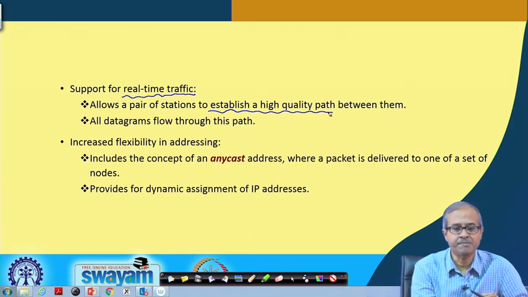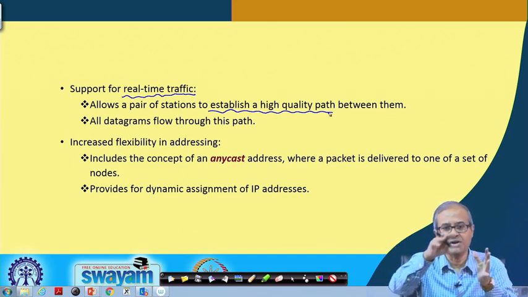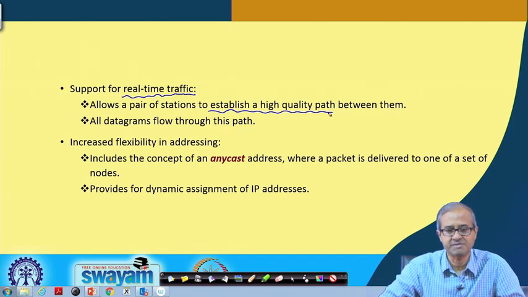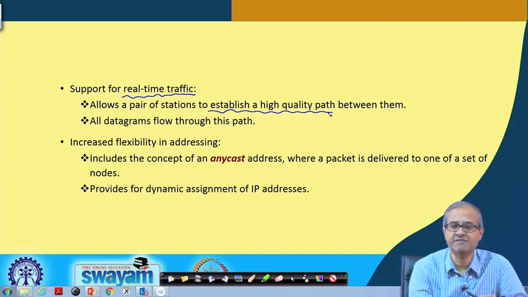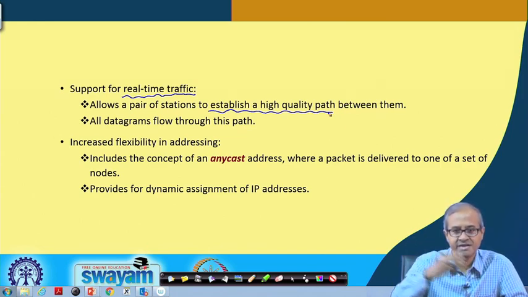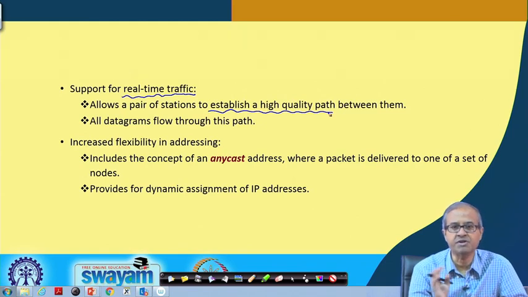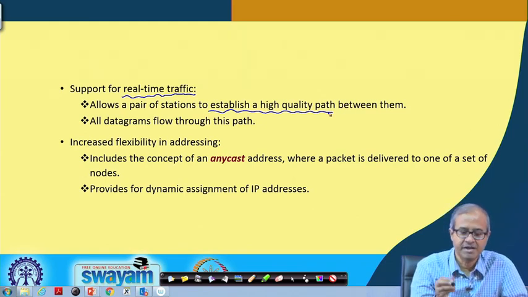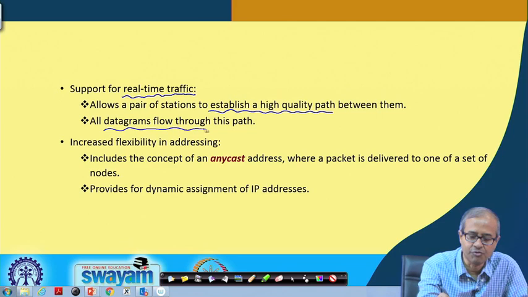Suppose I am viewing streaming video and I say that, well, I want a guaranteed bandwidth of 512 kilobits per second. So, they will agree along with the intermediate routers to provide you with a dedicated path, a path through which you will get a dedicated 512 kbps of bandwidth, so that you can receive the streaming media without any disruption, right. And all datagrams will follow this path.